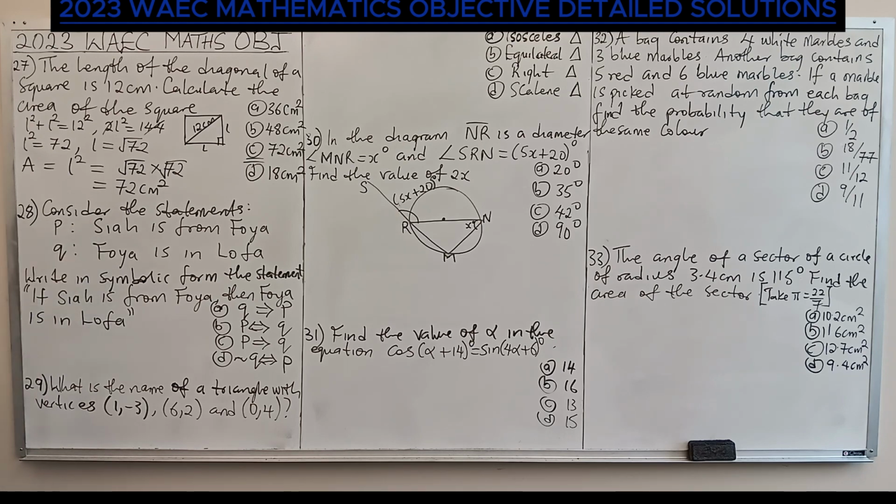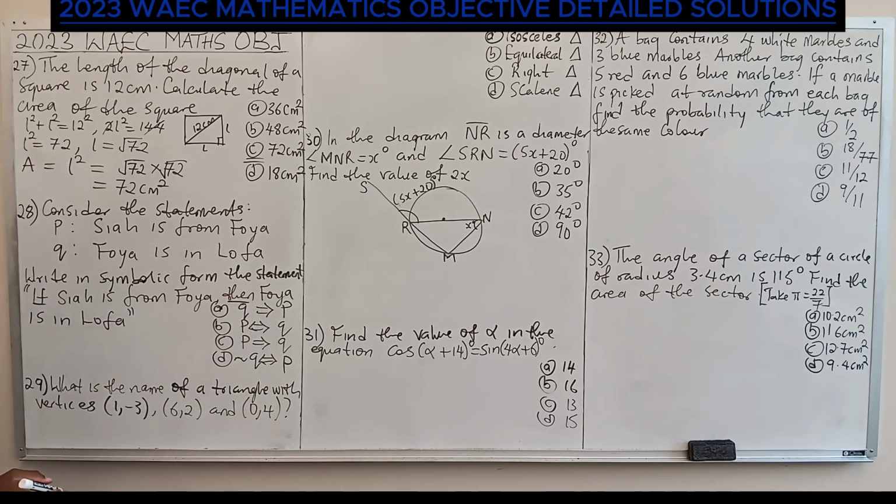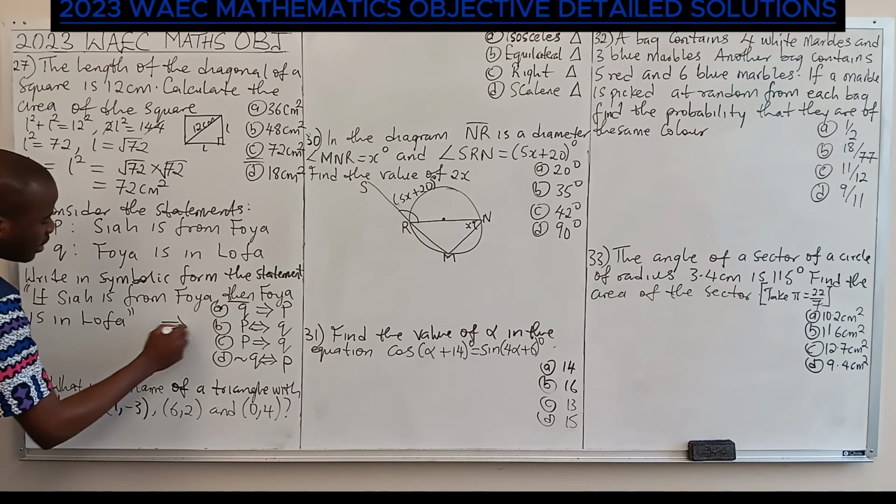Consider the statement P: Sia is from Foya. Q: Foya is in Lofa. Write in symbolic form the statement: if Sia is from Foya, then Foya is in Lofa. This is just an if-then statement. I will know the if-then statement is written as this.